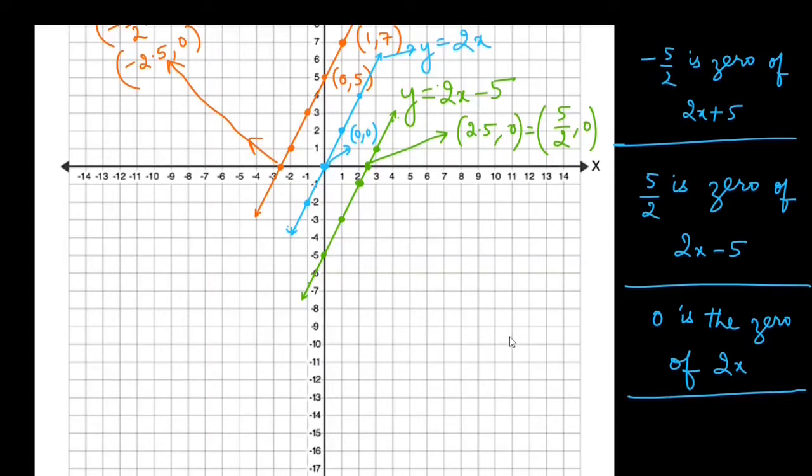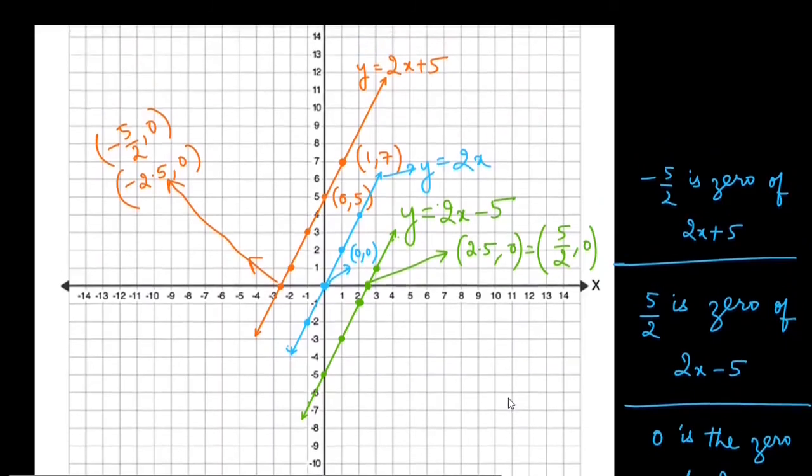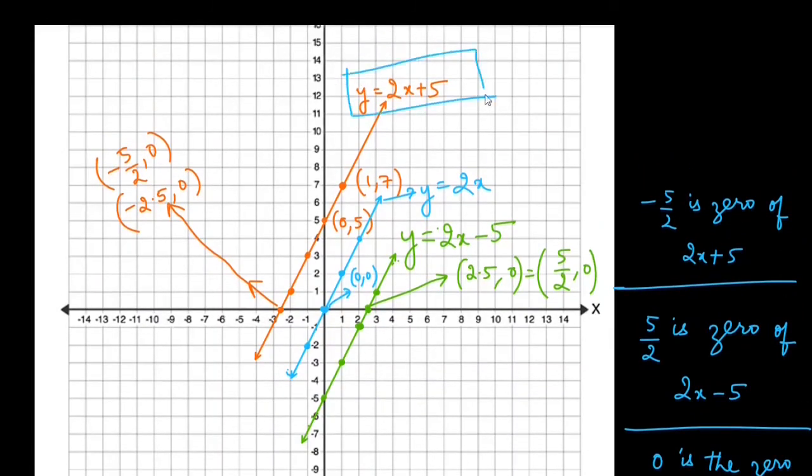And what do we observe here? Let us see this one. Y is equal to 2x plus 5. This line is intersecting y-axis at 5. So our polynomial p of x is ax plus b. Here this is the constant term.